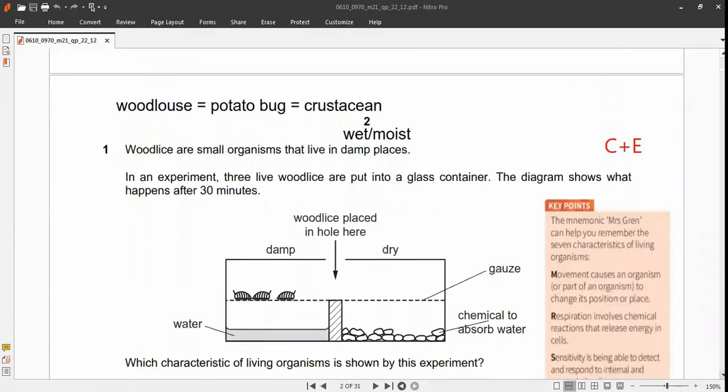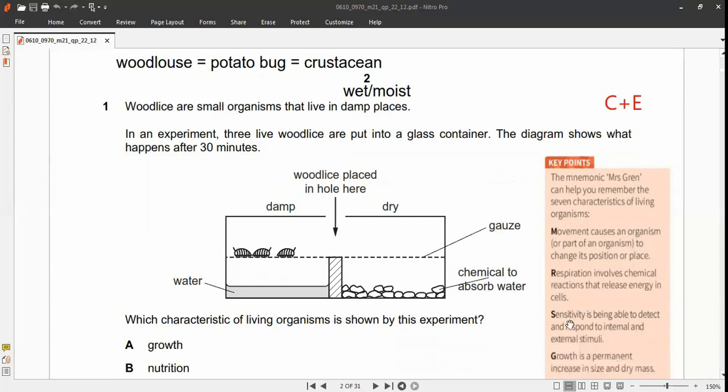Wood lice are small organisms that live in damp places. Damp places means wet and moist. In an experiment, 3 live wood lice are put into a glass container. The diagram shows what happens after 30 minutes.